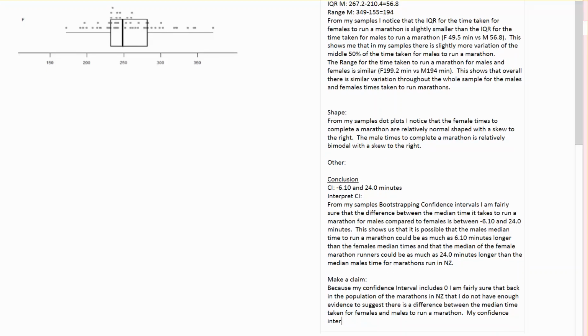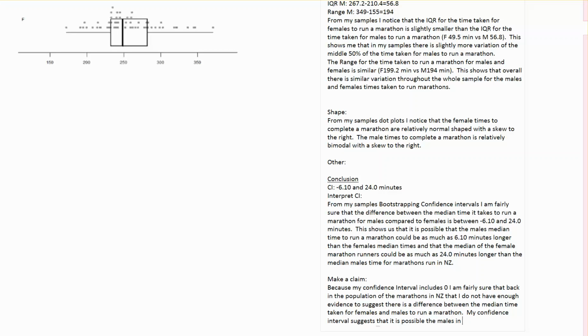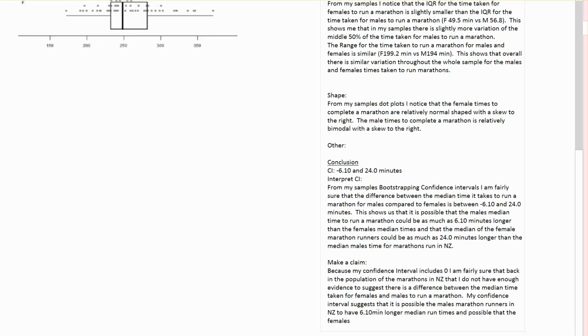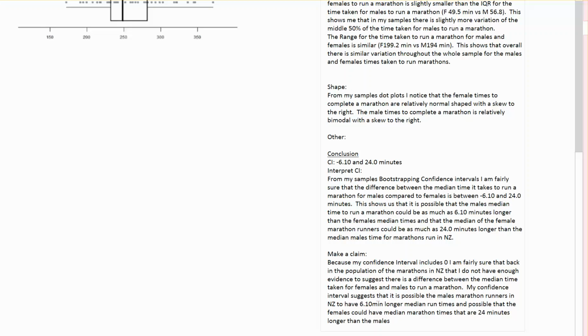My confidence interval suggests that it is possible for the males, male marathon runners in New Zealand, to have 6.10 minutes longer median run times, and possible that the females could have median marathon times that are 24.0 minutes longer than the males in New Zealand.